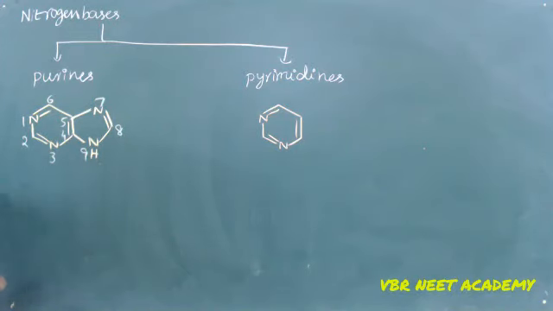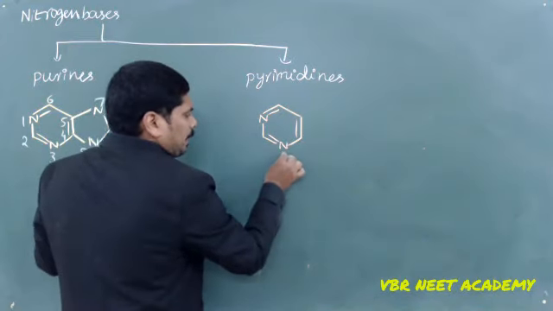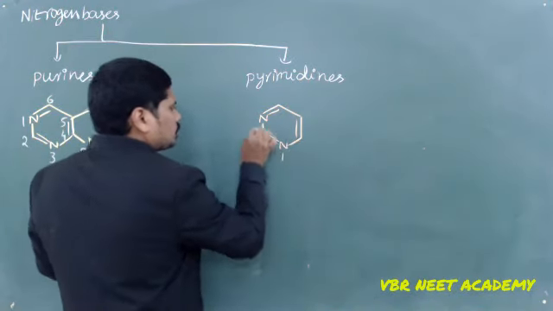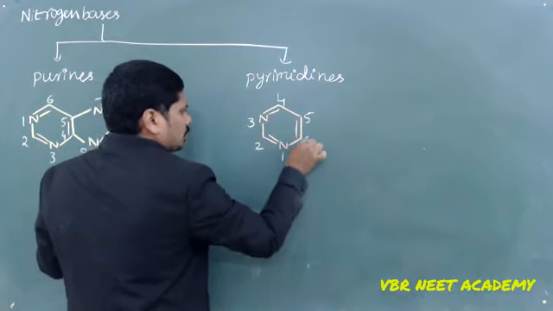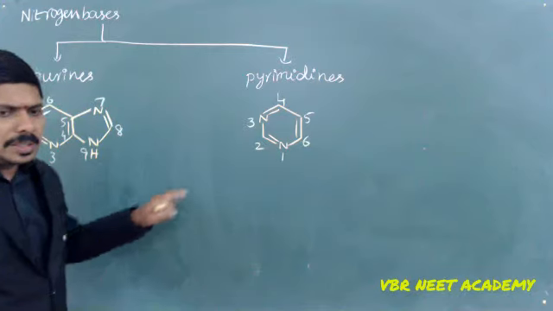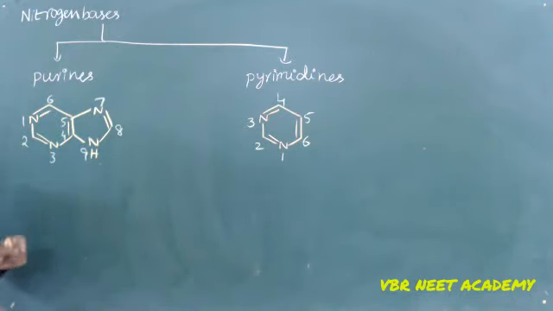This is the numbering in the case of purine. In the case of pyrimidine, the numbering will be 1, 2, 3, 4, 5, 6. This is the numbering in the case of pyrimidine. Now I will be writing the chemical names of your purines and pyrimidines.